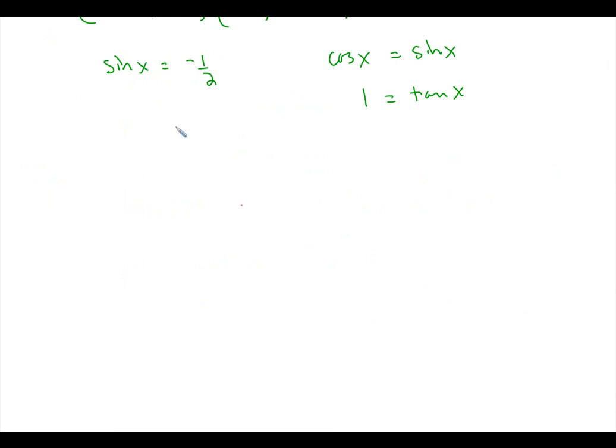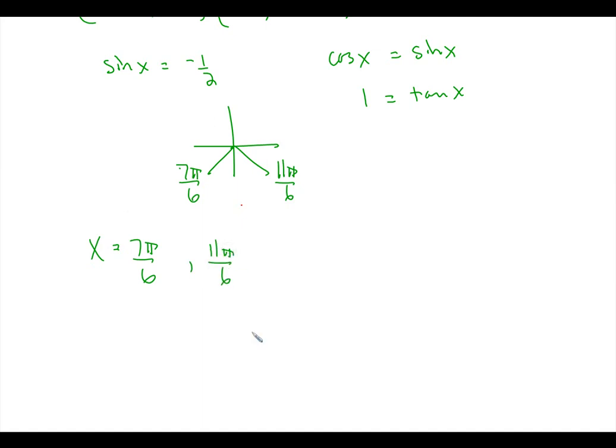Okay? So over here, where is sine negative? That's in quadrants 3 and 4. Sine is 1/2 when you're dividing by 6. So we would get 7 pi over 6 and 11 pi over 6. So we know x is equal to 7 pi over 6 and 11 pi over 6.